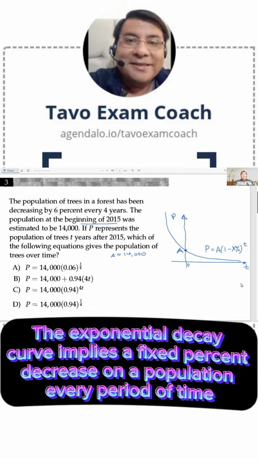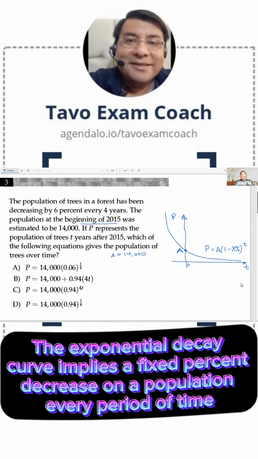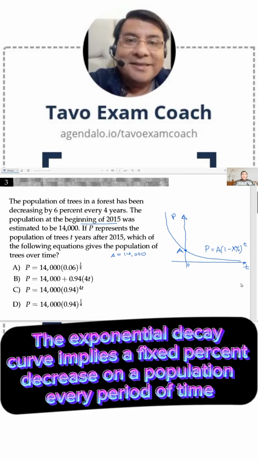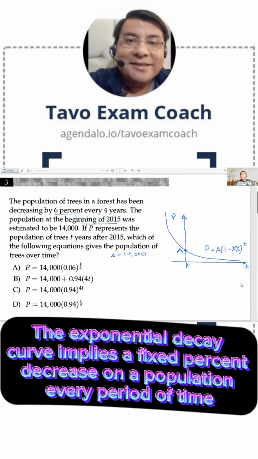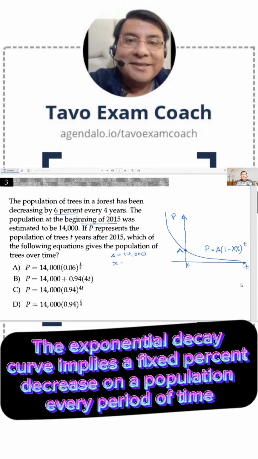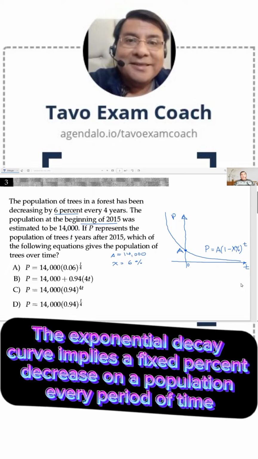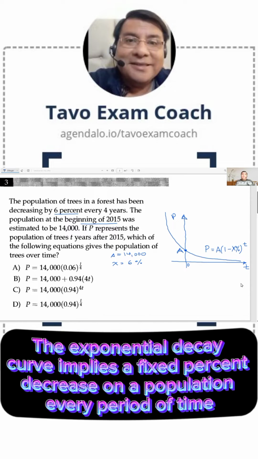So we have A. According to the statement, the decrease percent is 6% every 4 years. So we have our value for X. X is actually 6%. Then what about the time?